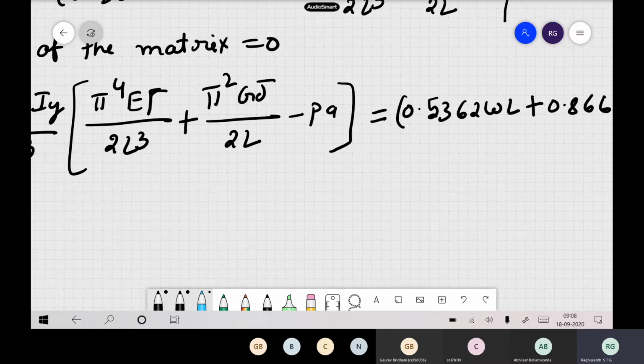So this is our characteristic equation to find the buckling loads. Now this problem is very complex because you have two loads actually. wL is there, and then you have the critical load which comes from P itself.